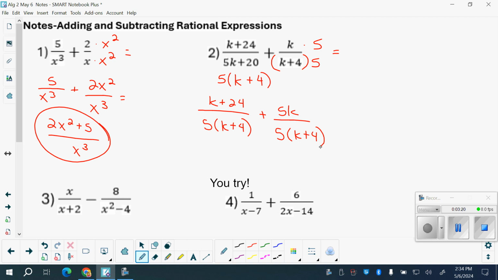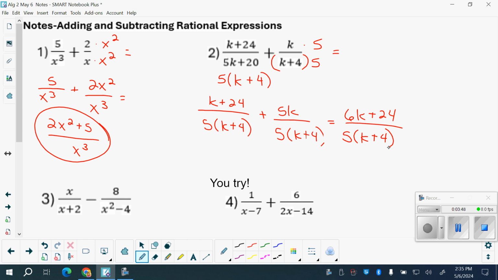And then what next? Can we add these two together in the numerator? Yeah, what do we get? How many k's total? 6k plus 24 over 5 times k plus 4.